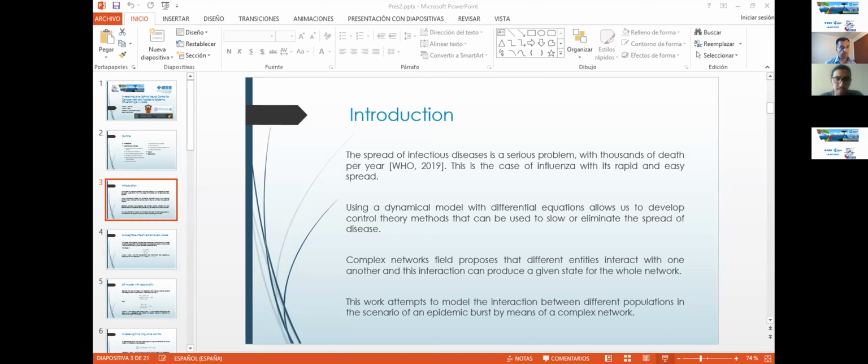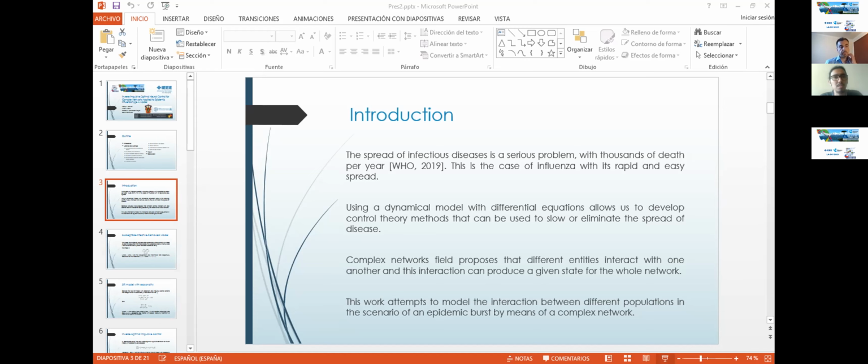On the other hand, the complex networks field proposes different entities interacting with each other, and this interaction is similar to what happens in an epidemic. And what we're trying to do in this work is to model interaction between different populations in a complex network setting, during an epidemic outbreak.